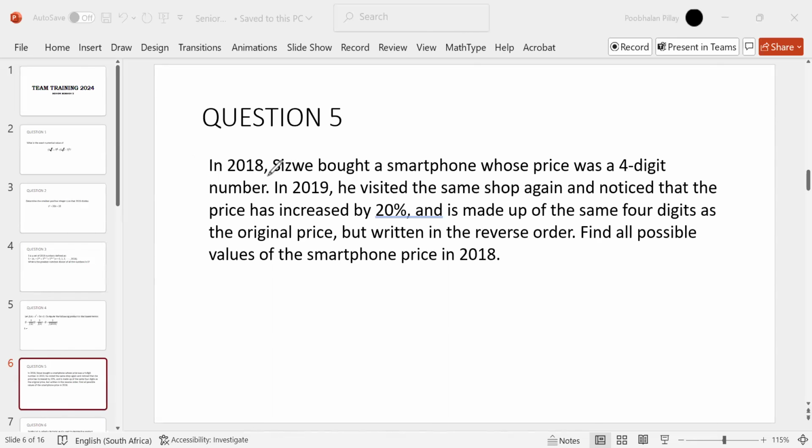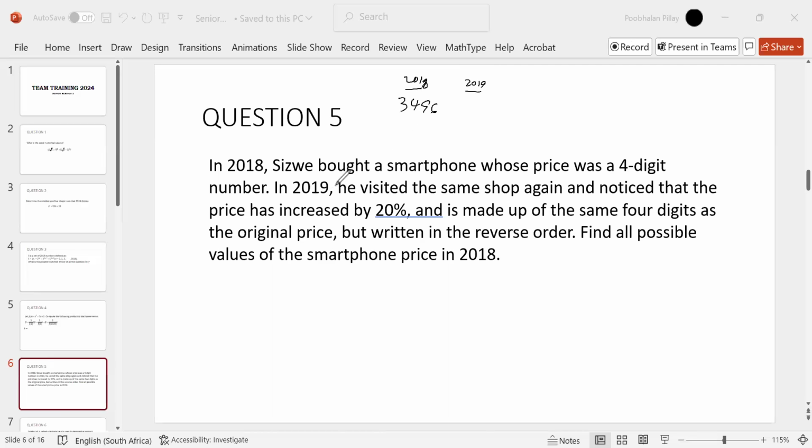Now look, you've got: in 2018, Caesar bought a smartphone whose price was a 4-digit number. Okay, so maybe the price was 3496. All right, so suppose that was the price. Right, that is in 2018.